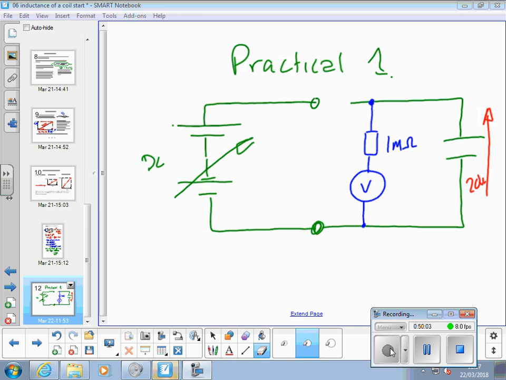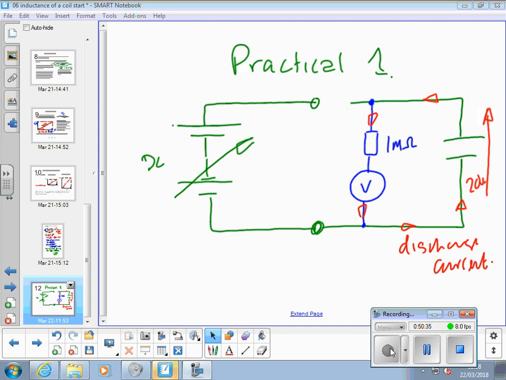When you do that, you're going to get a current flow from the capacitor through the meter and back through there. That's the discharge current. You're going to time the discharge to a suitable level such that you can calculate.